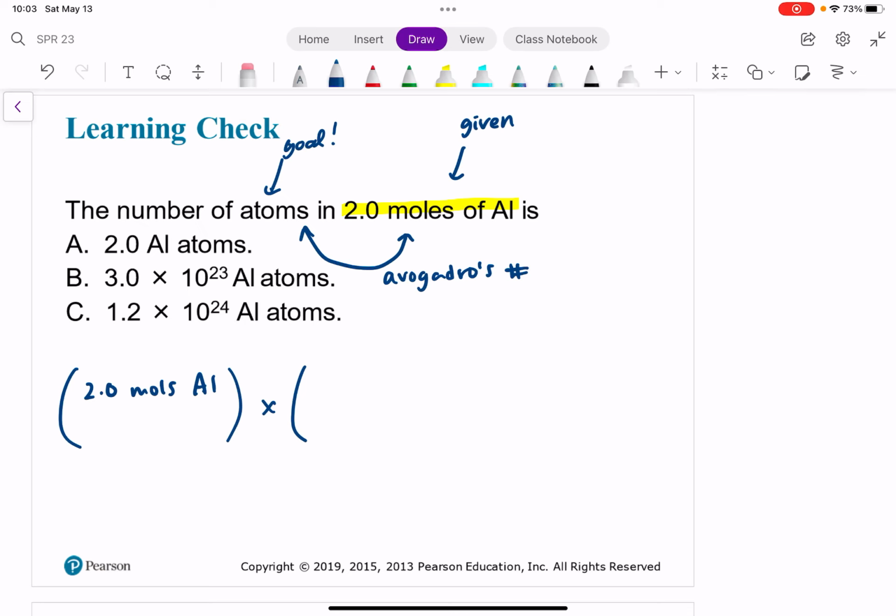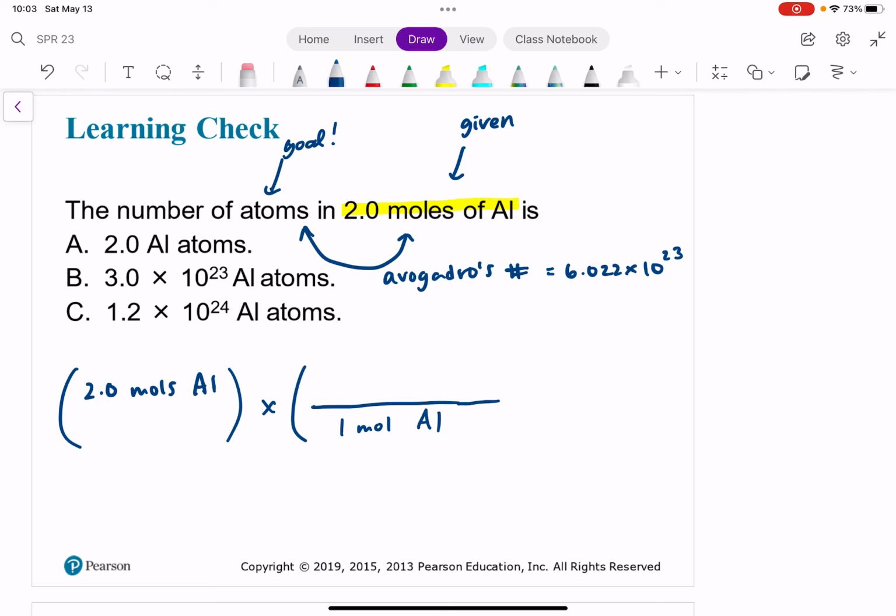So I know I'm going to be using Avogadro's number, which is what? Yeah, 6.022 times 10 to the 23rd. You're going to get so tired of me saying that. So what goes on the bottom? Moles or atoms? Yeah, moles. How many moles? 1 mole. 1 mole of aluminum.